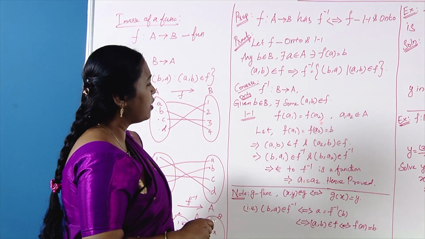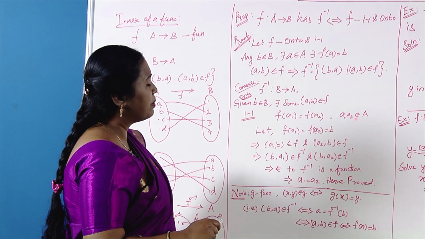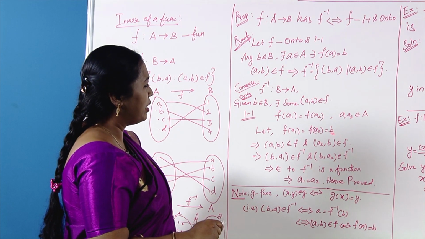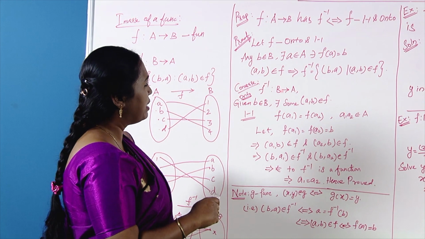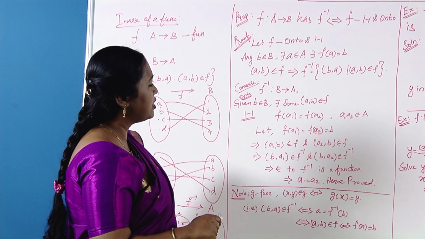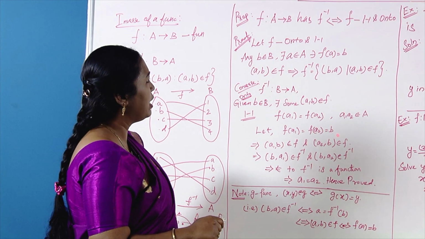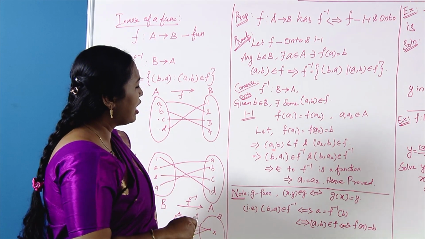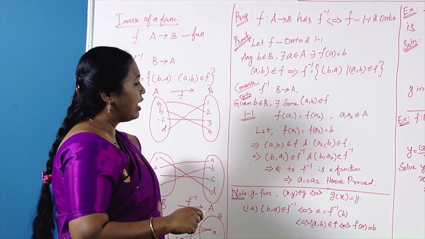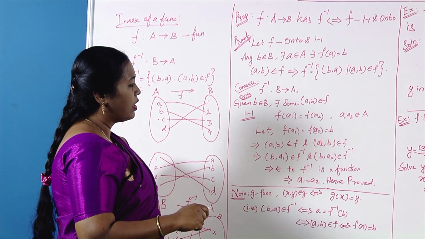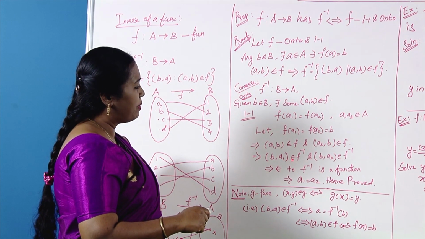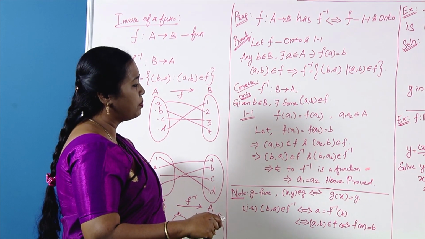So, f of a1 equal to f of a2, where a1, a2 belong to A, let that be some image. Since this is going to be in B, because f is from A to B, this will be b. So, (a1, b) belongs to f, and (a2, b) belongs to f, which means that (b, a1) belongs to f inverse and (b, a2) belongs to f inverse.